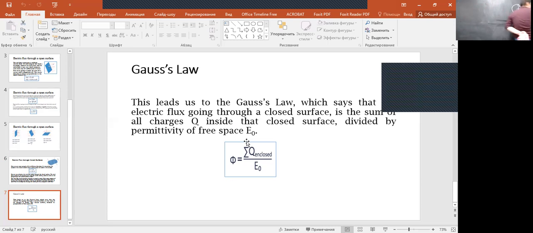So the flux does not depend on the radius of the surface of the sphere.